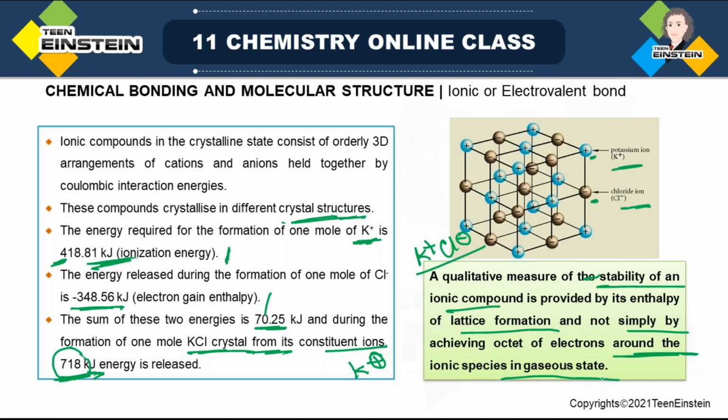It is not mere achievement of the octet of electrons, but we should also know the value of the enthalpy of lattice formation. That value, which is experimental obviously, will actually tell you whether the lattice is stable or not. So that we'll see in the next class. Today we are at the end of the session. Thank you for listening.